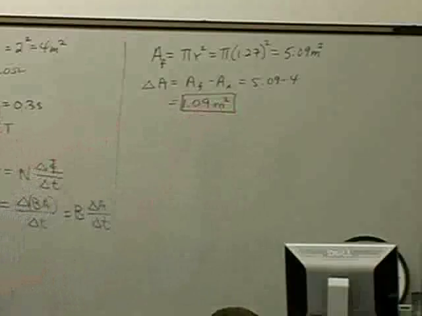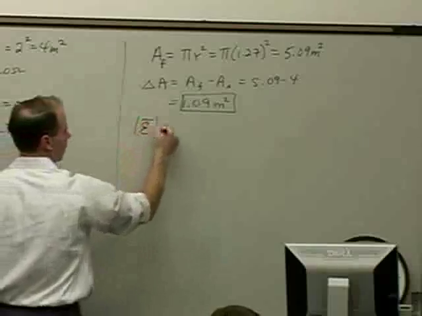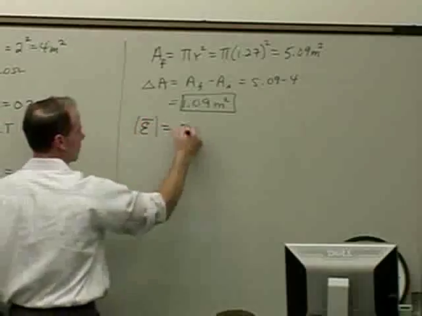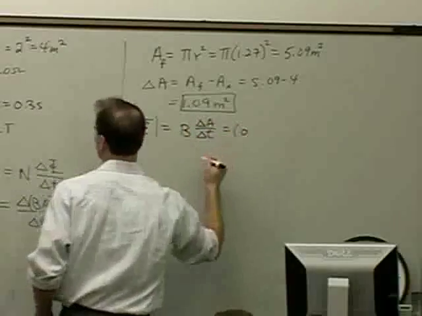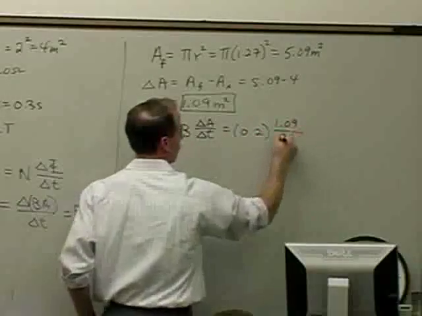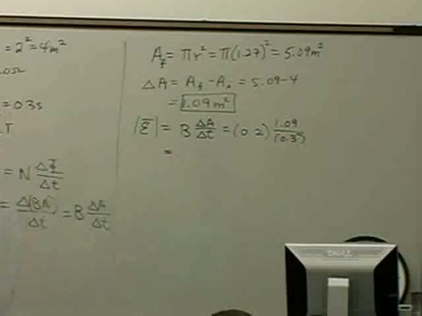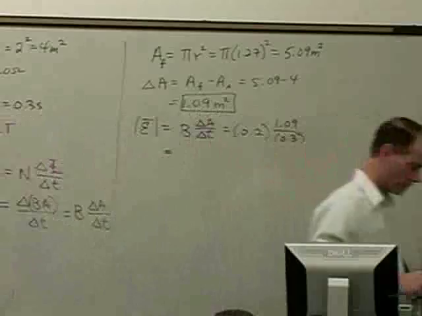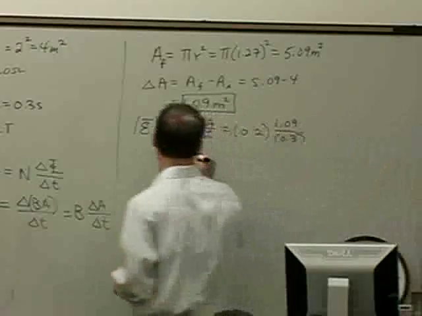And hence our induced voltage, our induced EMF, will be equal to field times the change in area over the change in time. 0.2 times 1.09 over 0.3. We get 0.729 volts.